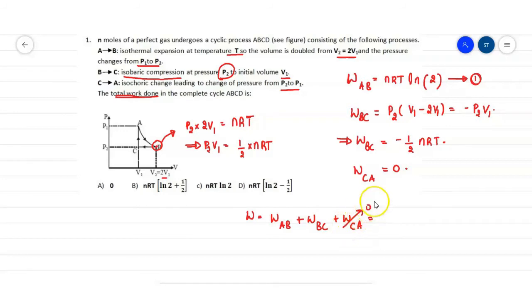This is 0. So if you see these two values, we can take nRT common. Into the remaining term there is ln 2 and here it is minus 1 by 2. So option D will be the correct choice for the given question. Thank you.